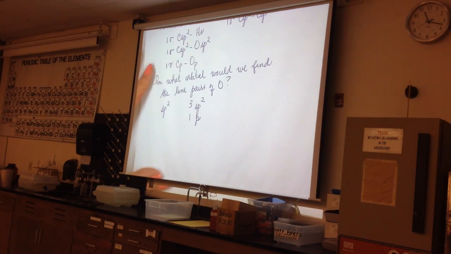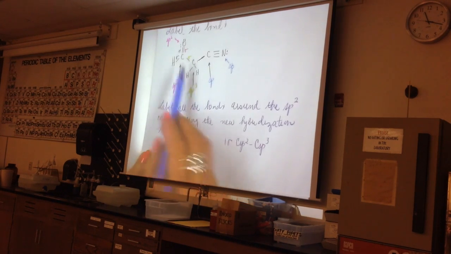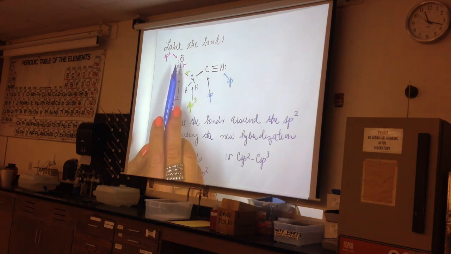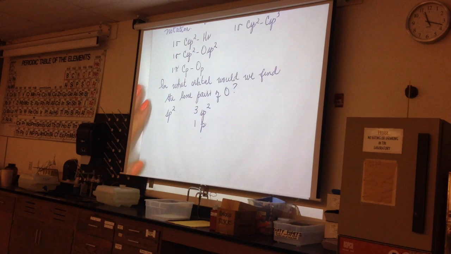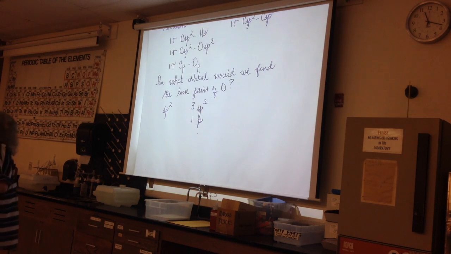Did you write that? So 3 sp2 and 1 p. If you have 3 sp2, you use 1 to form a sigma bond. The lone pairs are in hybrid sp2. Let's do this differently. I'm not liking the explanation at all. Let me look at oxygen for a minute.